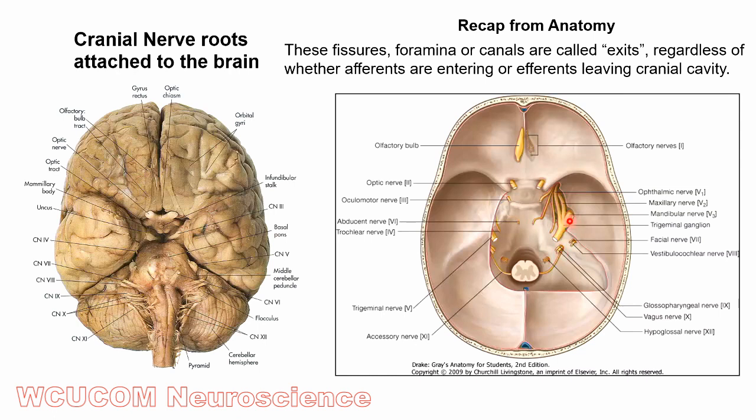The 3 divisions of trigeminal would come to mind. So nevertheless, this is something that we don't work with here in neuroscience, but of course it's part of the knowledge base.